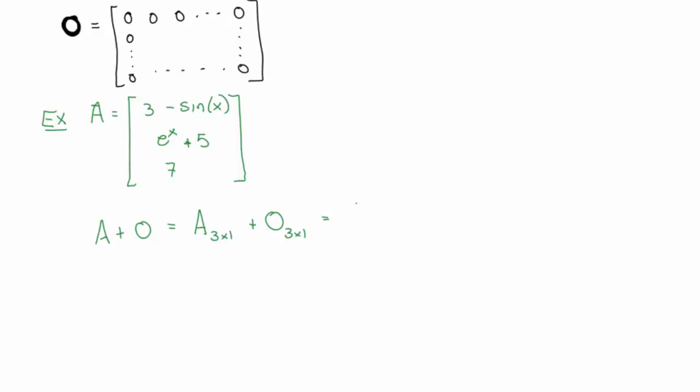And of course, when you add these two together, you have that 3 minus the sine of x, and you have the e to the x plus 5 finally written correctly, and then the 7. And you're just adding to that a 0 matrix. We also call that a 0 vector, but I'm not really going to get into that now.